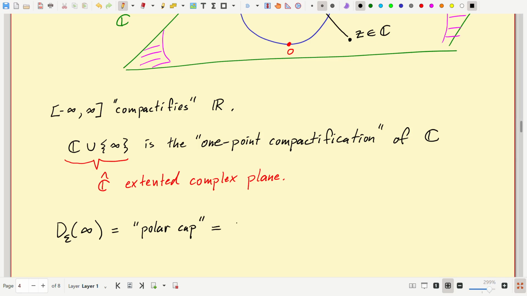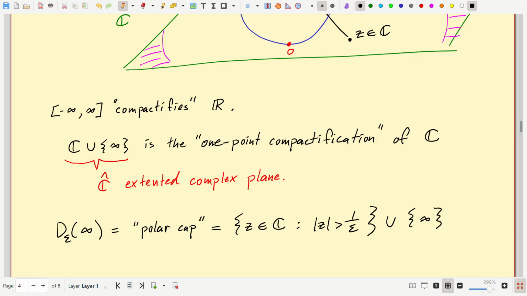And let's see, what would that be? That would be the set of z in the complex plane with the modulus of z bigger than 1 over epsilon, which is big if epsilon's small, union the abstract point.